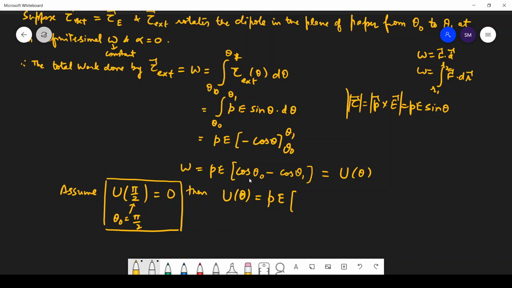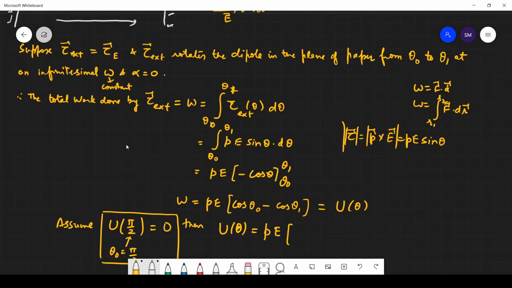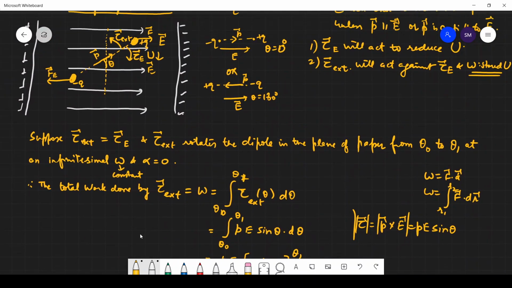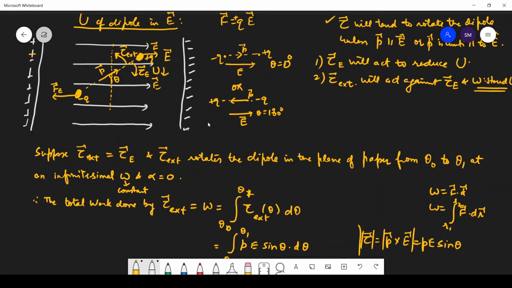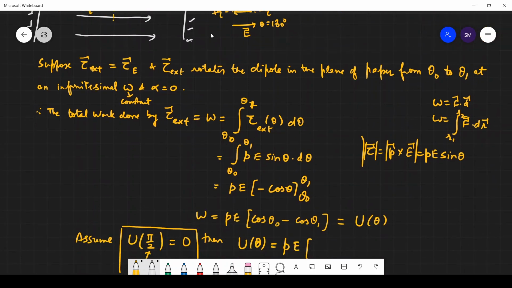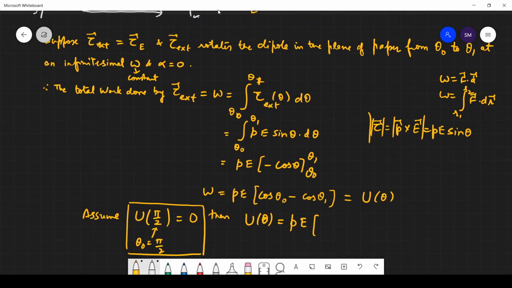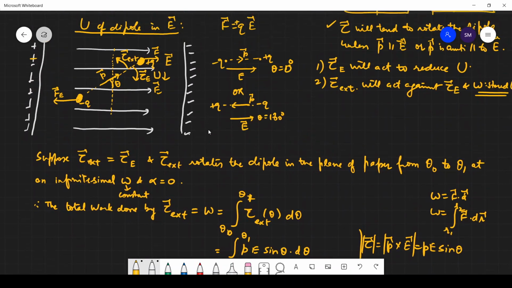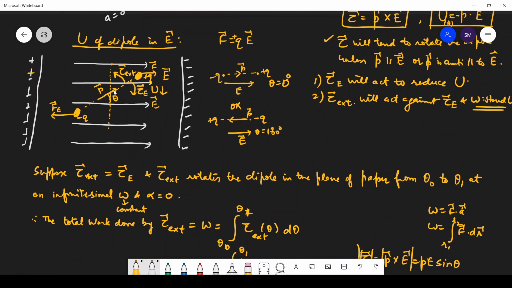Let us see in the figure from where I am taking this. The angle between P and E is theta. I am taking it to be 90 degrees, students.